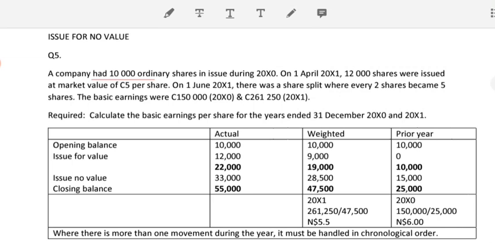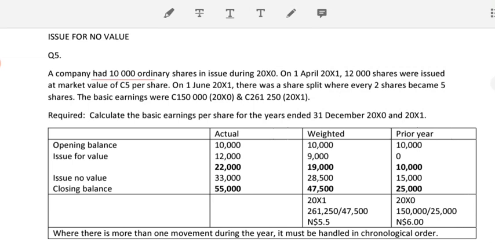If we count from April to the 31st of December, we get 9 months. Therefore, in the weighted, 12,000 times 9 months over 12 months gives 9,000. And in the prior year, it's presented as 0, because it was only brought into use on the 1st of April during the current year and was not there in the prior year.